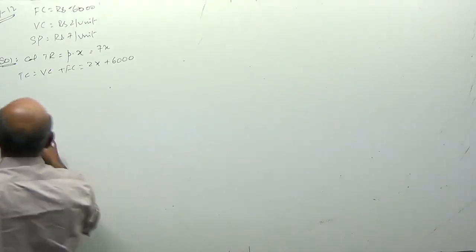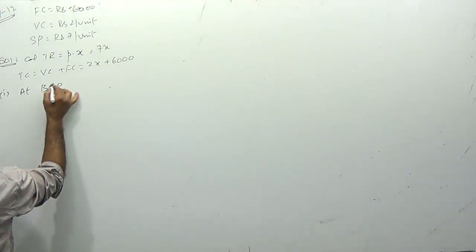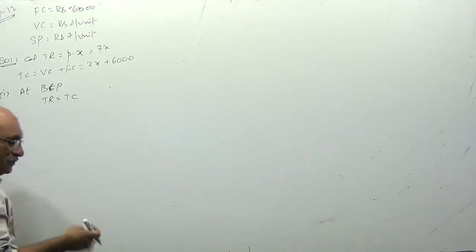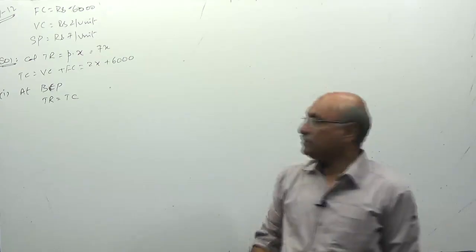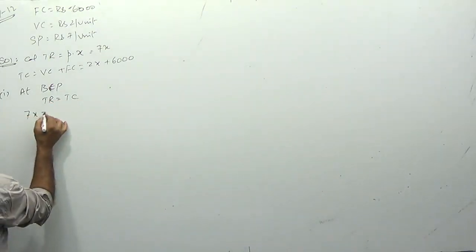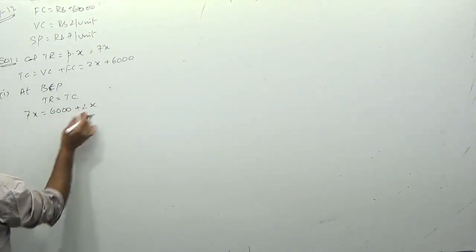Now, sir, first question. At a break-even point, total revenue is equal to total cost. So, 7x is equal to 6,000 plus 2x.